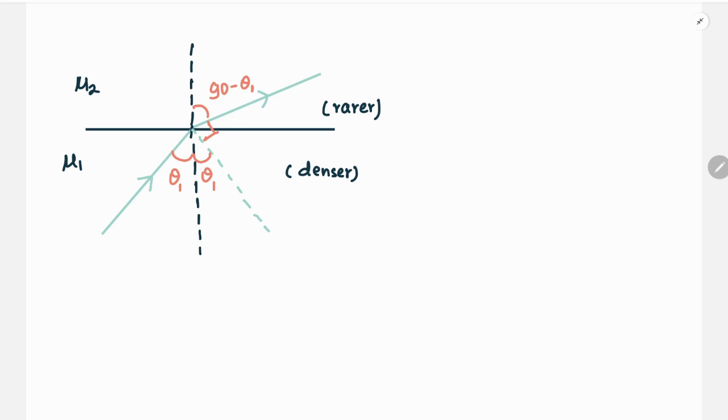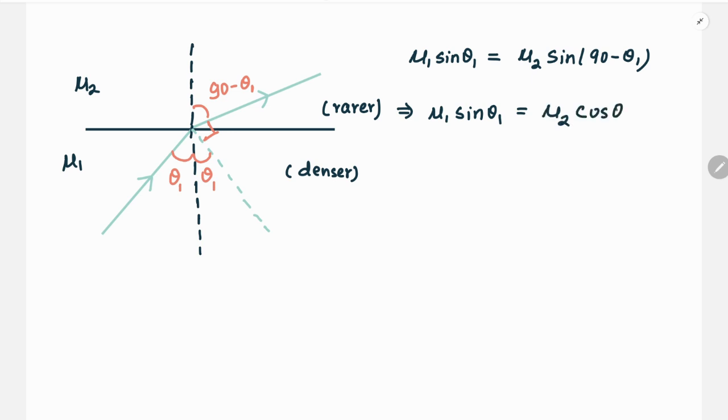If we write Snell's law for this part, then we can write mu1 sin theta 1 is equal to mu2 sin of 90 minus theta 1, which is mu2 cos theta 1. So mu1 sin theta 1 is equal to mu2 cos theta 1.